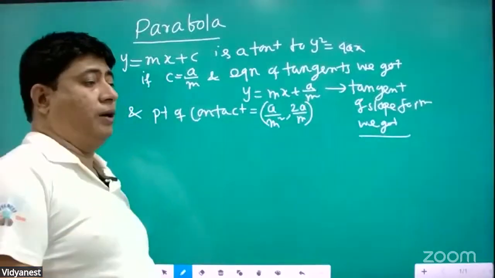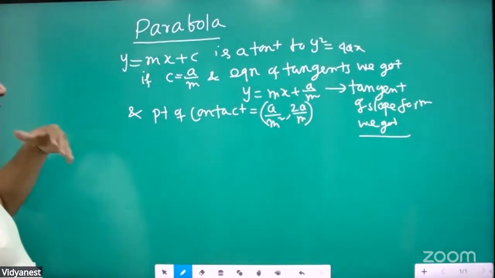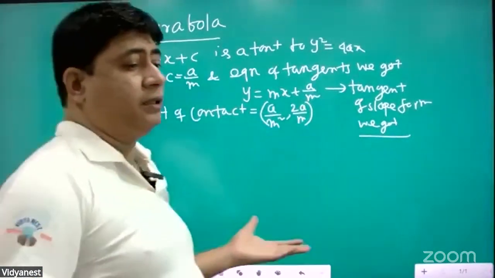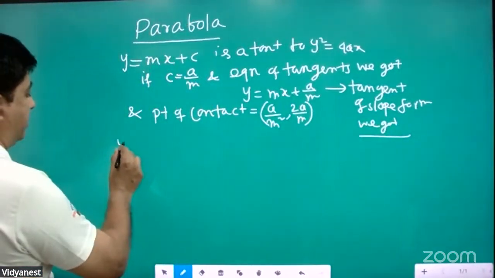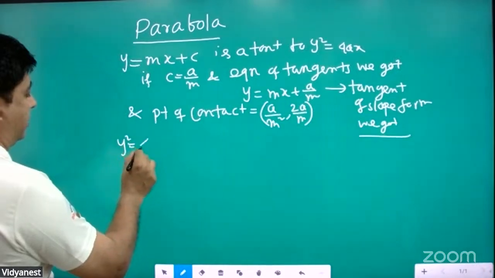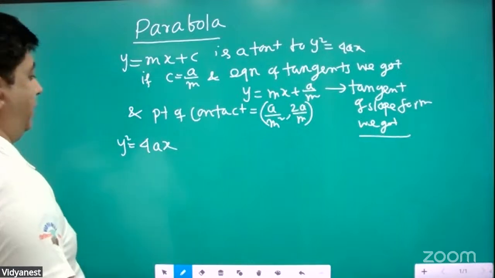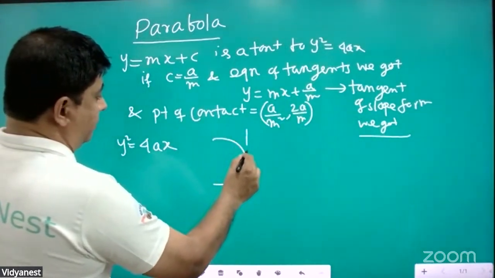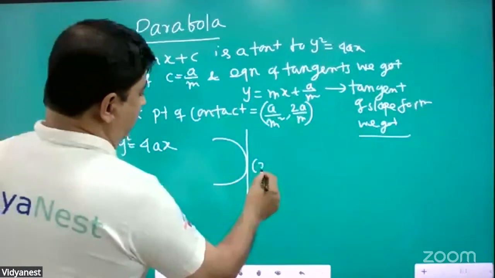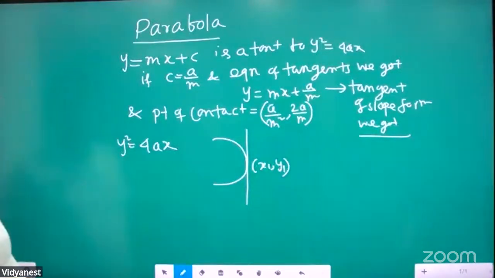Another thing was taught: by differentiating, how can I get the tangent to a parabola? Suppose y² = 4ax is a curve, and let the point be (x1, y1).